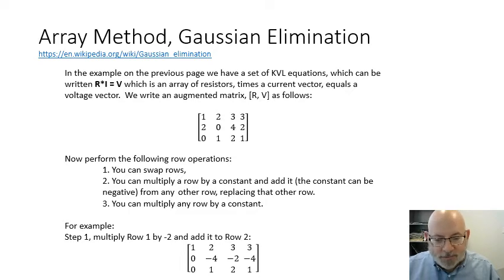So for example, I'm going to take row 1, and my goal is to put zeros below this first column. So I'm going to take row 1 and multiply it by -2 and add it to row 2.